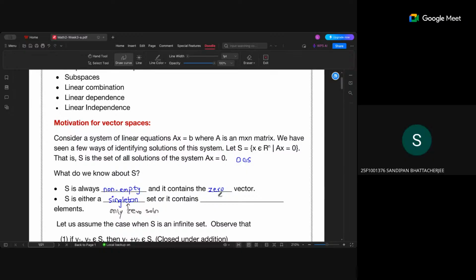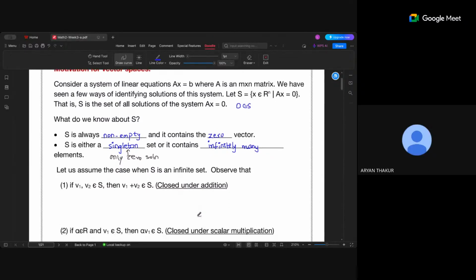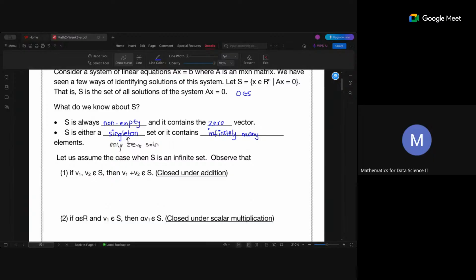It will contain infinitely many elements. So either it is a singleton or it has infinitely many elements. Now let us assume that S is an infinite set. We are not considering the singleton case. We will consider the infinite set case. Any questions?